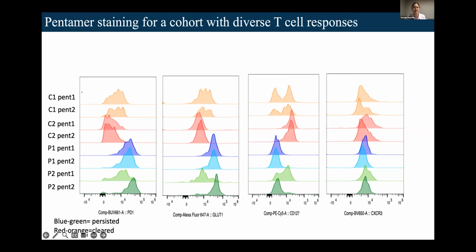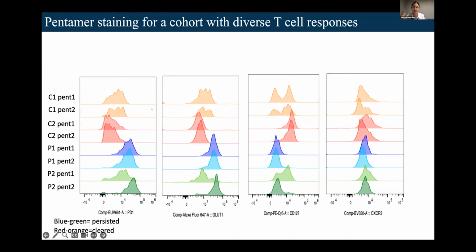And what was really nice about this is each of these populations, so pentamer 1, pentamer 2, those are 2 unique epitopes, pentamers for two unique HCV epitopes on either APC or PE. And what we can see is that the expression of these markers really correlates more with viral outcome than with, for example, what fluorophore that pentamer was conjugated to.